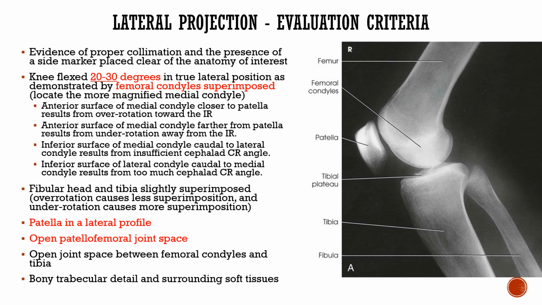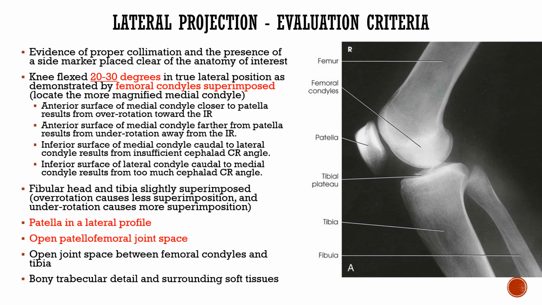If the inferior surface of the medial condyle is caudal, which is down in the femoral tibial space, that means we don't have enough cephalad angulation. And if the inferior surface of the lateral condyle is caudal to the medial one, that means there's too much cephalic angulation.